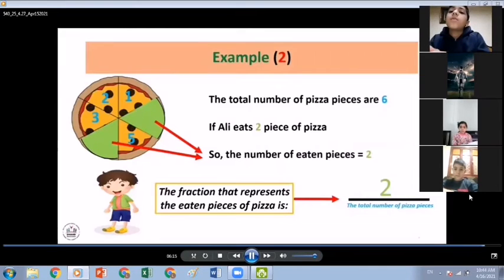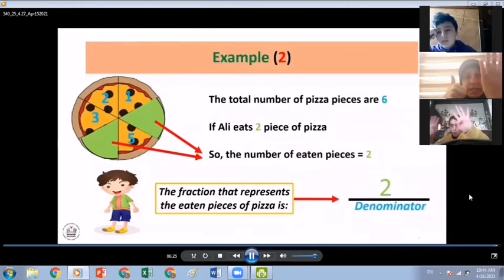So the fraction will be 2 over 6 or 2 out of 6 or 2 sixths.